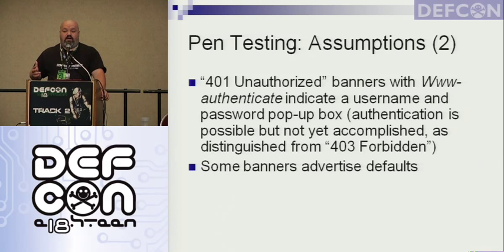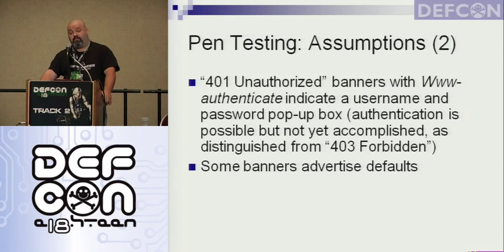In a 401 unauthorized on a web banner, we'll typically have a WWW-Authenticate line, which typically indicates the presence of a pop-up box. If we go to one of these, we'll get a pop-up box asking for a username and password. 403 forbidden, typically there's some reason that we can't view the page. It's also important to note that some banners advertise defaults. We'll see banners that say the default password is 1234.